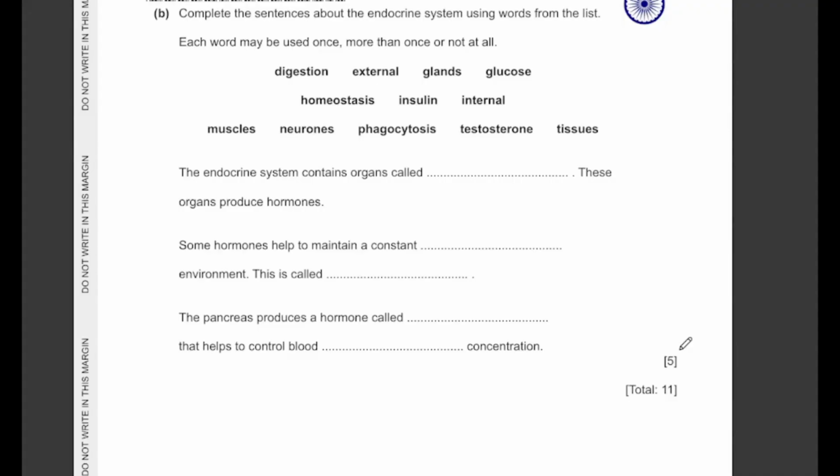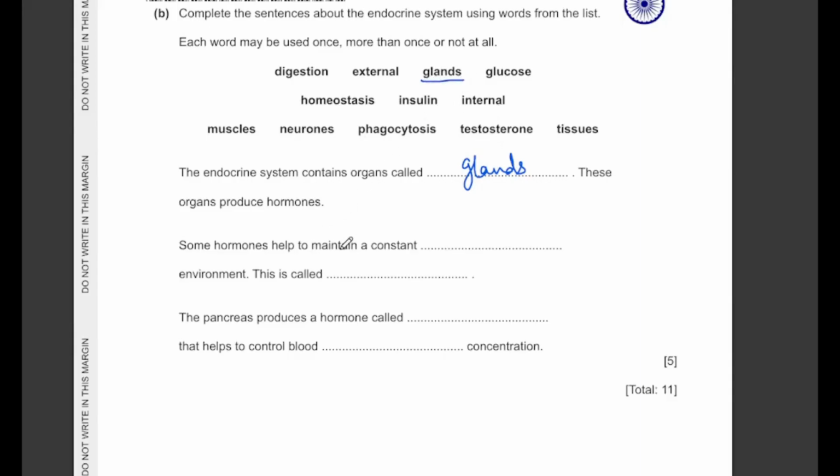So let's go with the fill in the blanks. Each word may be used once, more than once, or not at all. The endocrine system contains organs called glands. These organs produce hormones. So we are done with the glands.